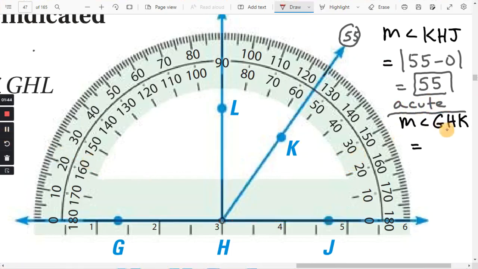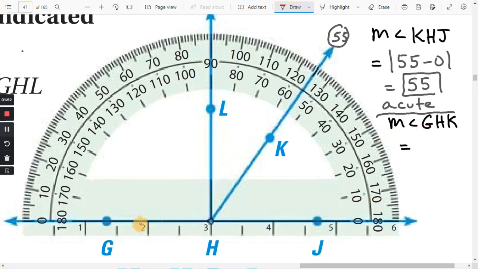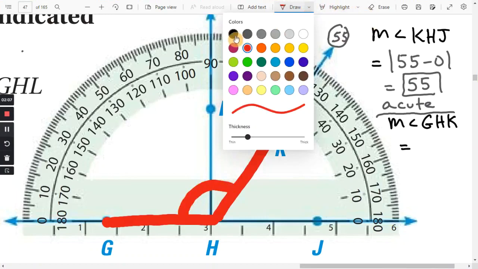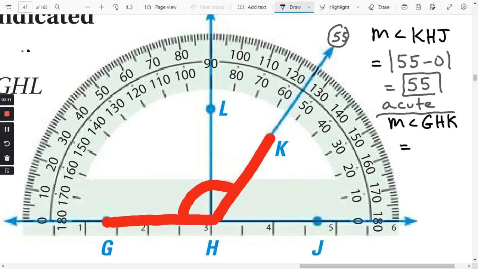All right, let's trace GHK. Here's G, and we're going to H, and we're going to K. Okay, so we're looking for the measure of that angle right there. All right, so again, we're looking at the numbers on the bottom.